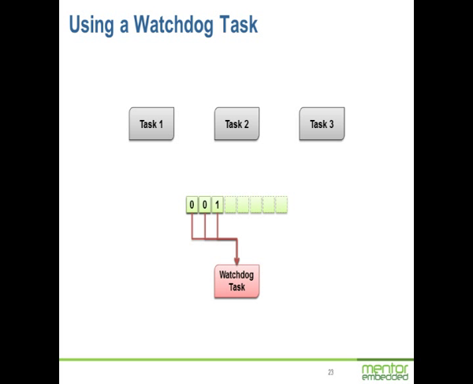It's either stuck in a loop or it's just doing something it's not supposed to do, so it never gets around to setting its flag to 0. So when the watchdog task wakes up and it takes a look at these flags, it sees a 1 is still there and it sounds the alarm. What sounding the alarm means, we'll come to in a second. But that's a very simple way of doing things. And the watchdog task is tiny and takes very little time to run, of course, so it's a tiny overhead to do this.